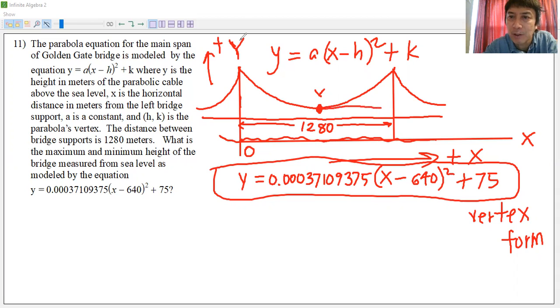It's this level. That's 75. From the vertex V down to the sea level, that's 75. And that is actually from here.